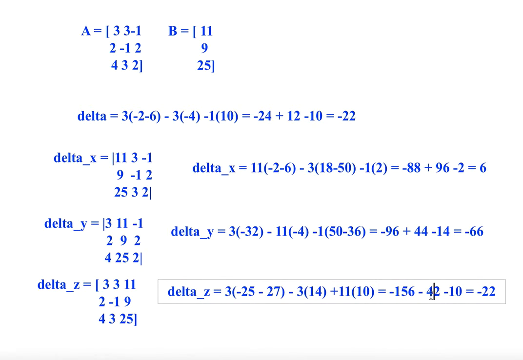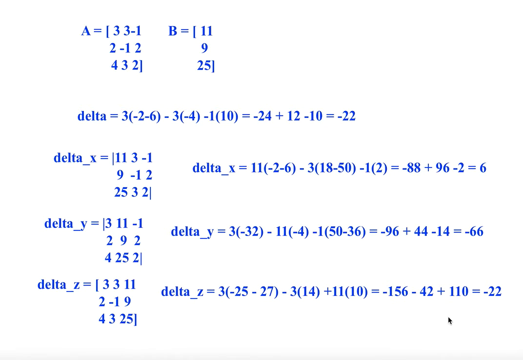Minus 42. Then this is 110. 8. How to proceed? Take 50 from here. This will remain with 60. This will remain with 106. Okay. Take 6 from here.